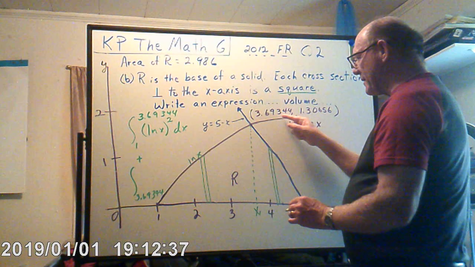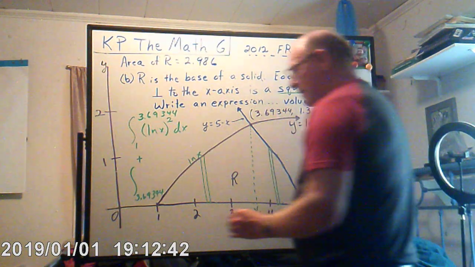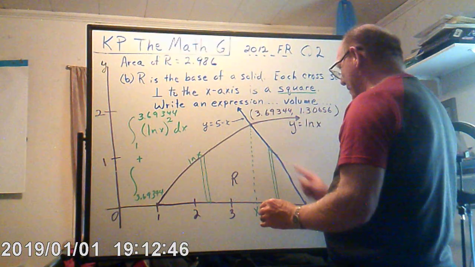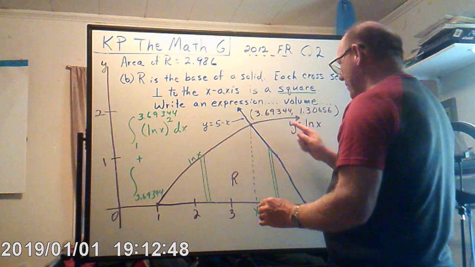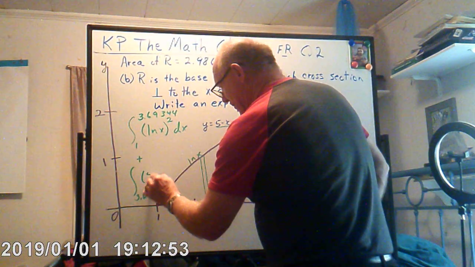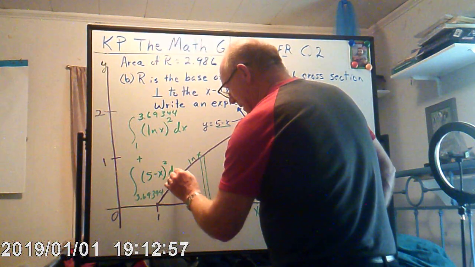That's dealing with this line, which is 5 minus x. So 5 minus x, squared, dx.